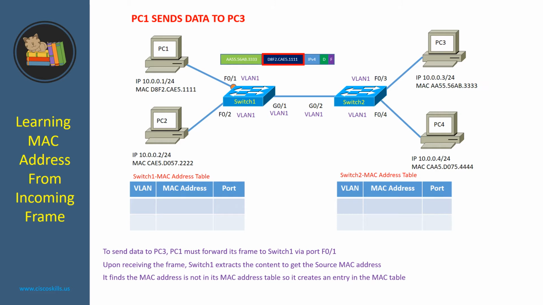It finds that the MAC address is not in its MAC address table, so it creates an entry in the MAC address table. The entry includes the MAC address of PC1, the port F01 where the frame is coming from, and VLAN 1 where the port F01 is located.